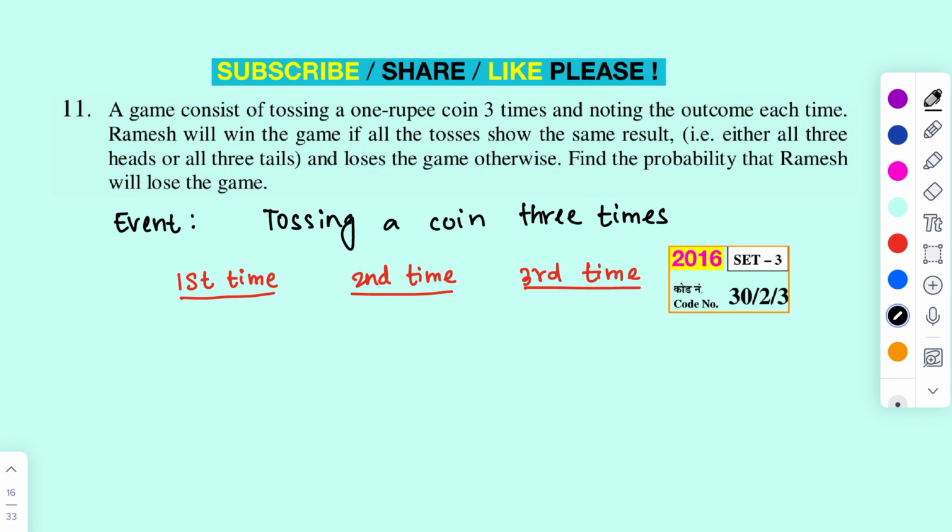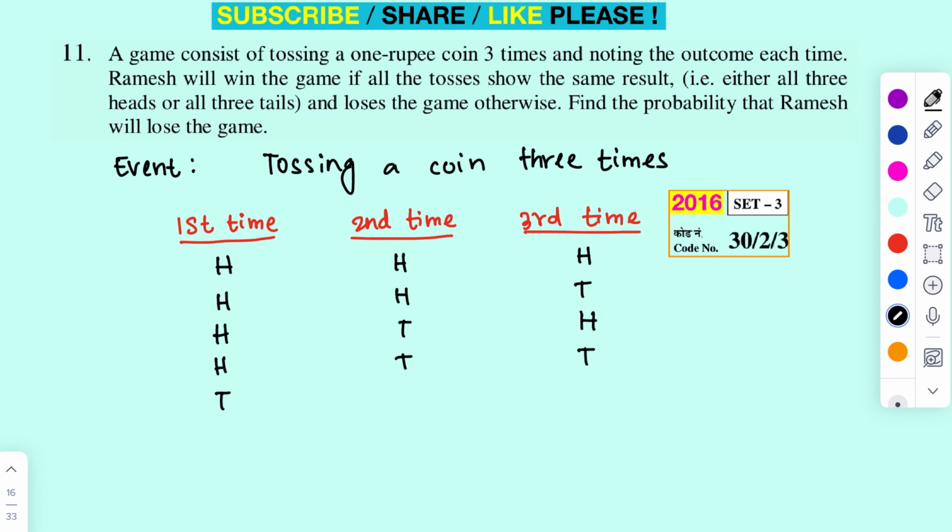If the first time we toss it, then we may get a head or a tail. Second time similarly. And we will have the combinations. And that is HTT. Now similarly THH.